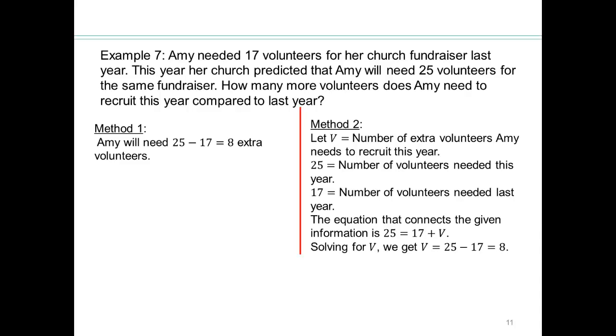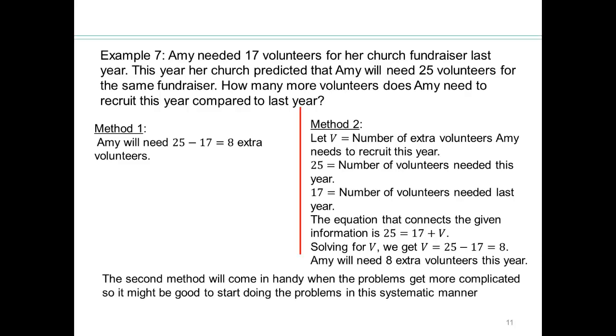Solve for V, which gives you 8. So either way, you can do the problem as long as you can justify how you got the answer. The second method seems a little cumbersome, but it will come in handy when we do more complicated problems. So it's a good start to get into the habit of being able to systematically represent how you do the problems.